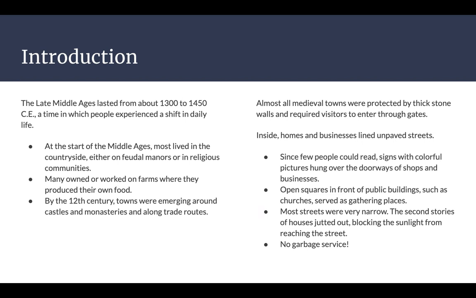So they would typically just throw it in the streets or in nearby rivers, nearby canals. As you can imagine, medieval towns were not incredibly sanitary places. They didn't smell super great. But hopefully this paints a little bit of a picture for you to keep in mind as we go through the remainder of these slides.